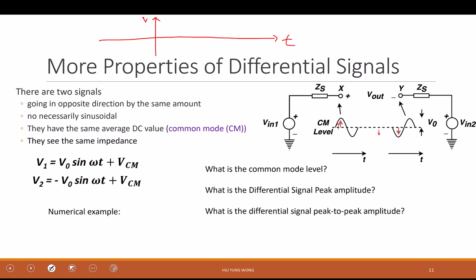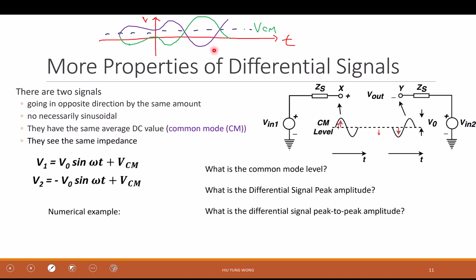Let me also find a common mode point. They have the same common mode. And then I could have a signal like this. Okay. And if I have another signal like this, so that they always go in the opposite direction about a common mode. This is VCM.